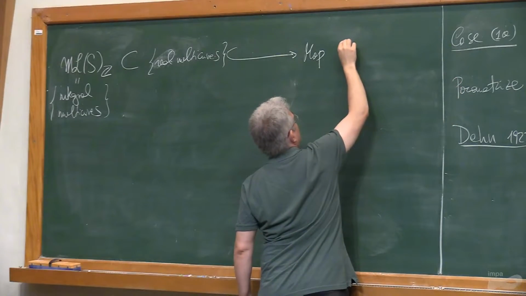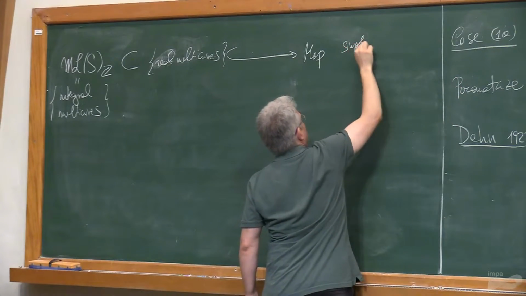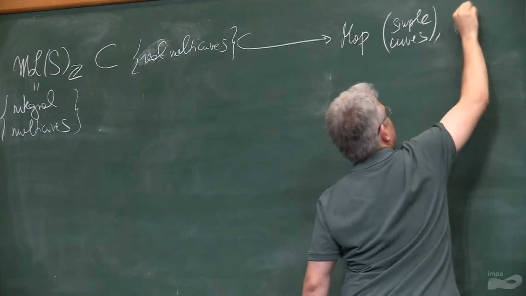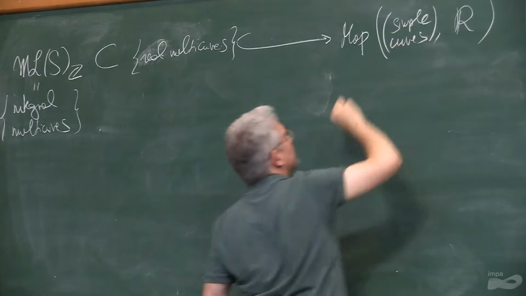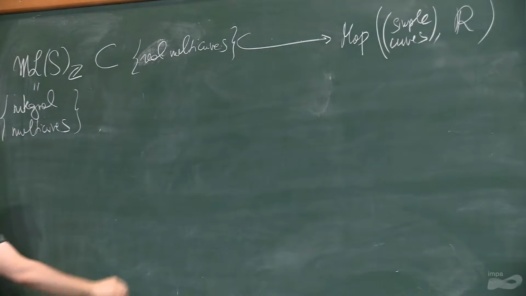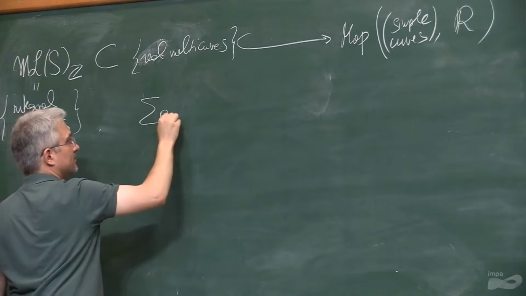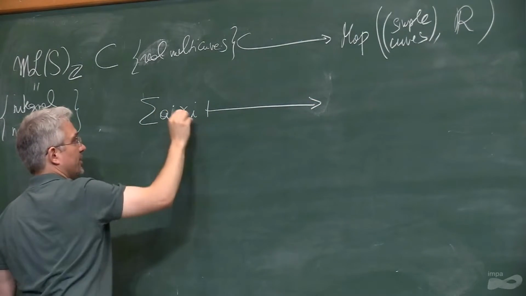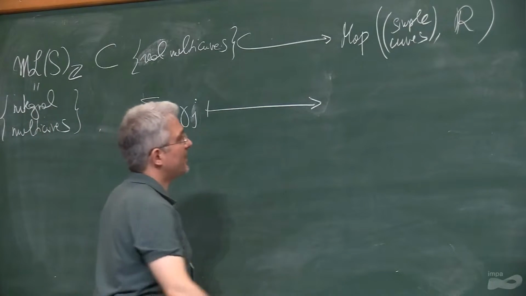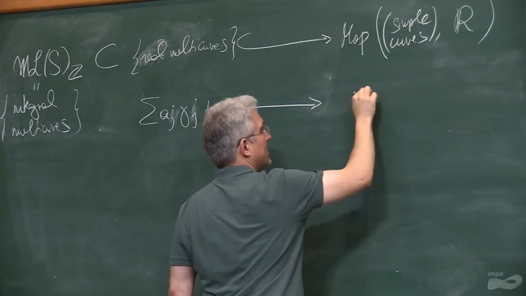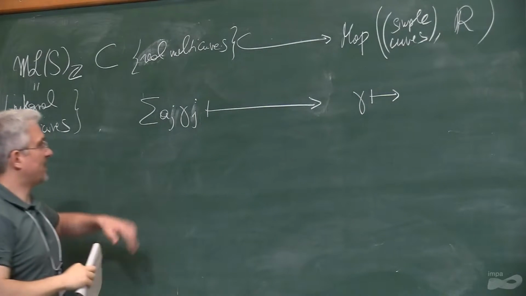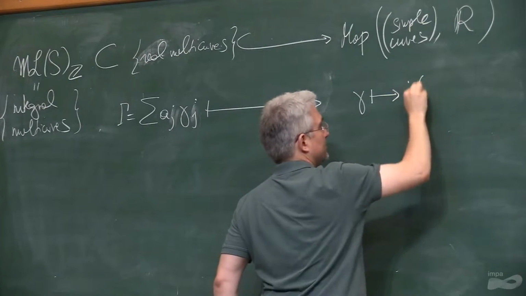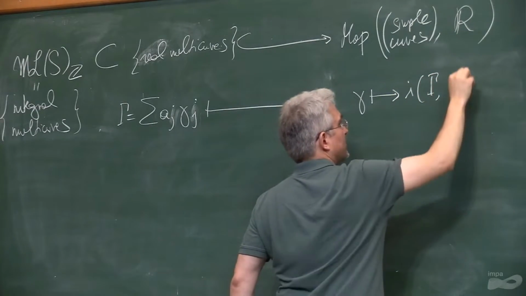space of maps from simple closed curves to R. So you take a real multicurve, we call it J, and you send it to the map that takes gamma to the intersection of gamma with this.